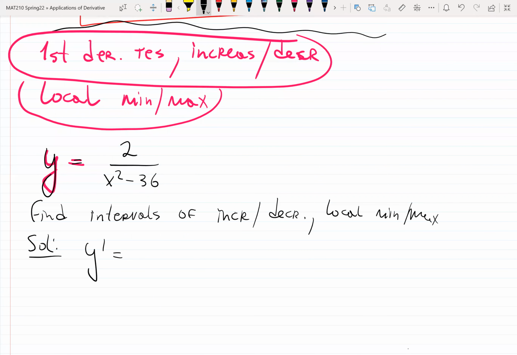This can be done using the quotient rule if you want to, or the chain rule. If you do the chain rule, you write it down as 2 times x squared minus 36 to the minus 1. Let's practice the chain rule because that's what I'm going to be asking you. But you could do the quotient rule and the answer is the same. In this way, though, the chain rule says it's going to be minus 2 because minus 1 goes down. x squared minus 36, copy, to the negative 2, minus 1 and minus 1 gives you minus 2, times 2x, the derivative of the function inside.